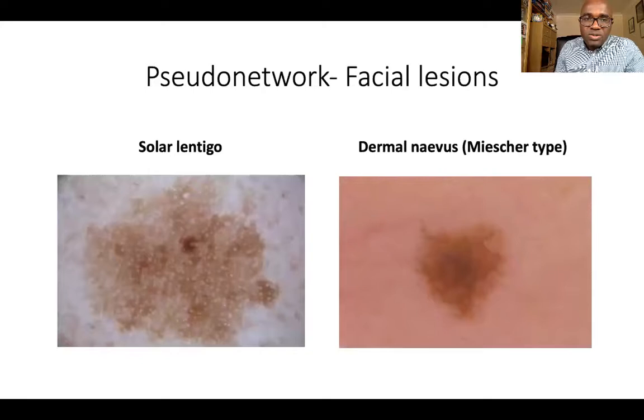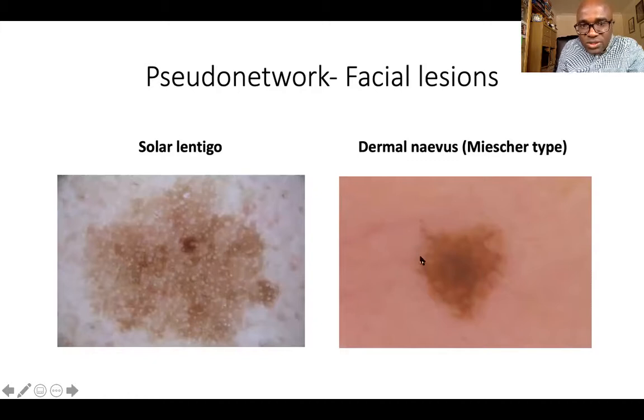So this is what a solar lentigo will look like. This is what pseudo network will look like. You have these light brown macules on the face, and you can see paleness within the dermoscopy of this lesion, and these pale dots that you see there are where you have the perifollicular ostia, in which you usually will have hair follicles.